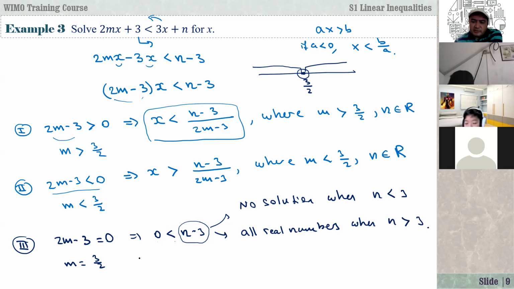Because as you see here, if n is greater than 3, for example, 5 minus 3 is 2. Is 0 less than 2? Yes. N equals 10, 10 minus 3 is 7. Is 0 less than 7? Yes. So when n is greater than 3, x is gone here, x can be anything. But if n is less than 3, that will be a contradiction. 0 is not less than a negative number. At that time, it doesn't have a solution.